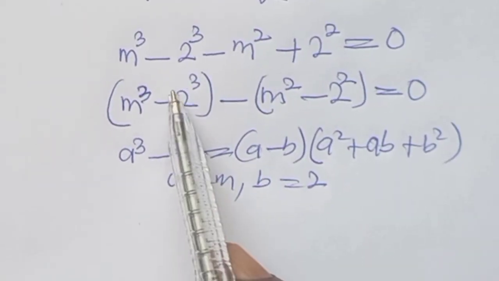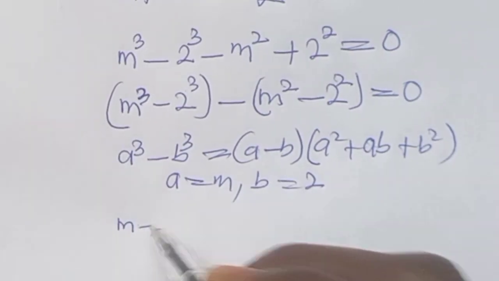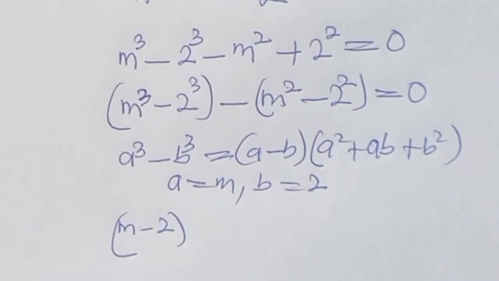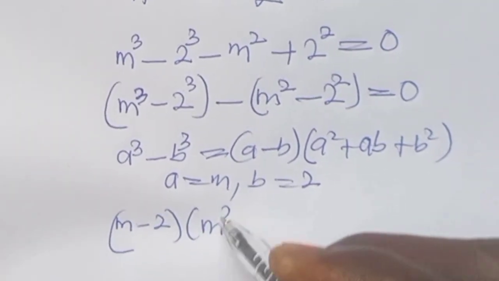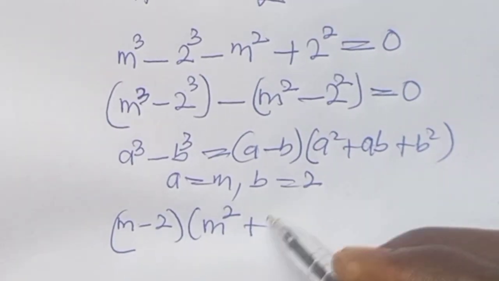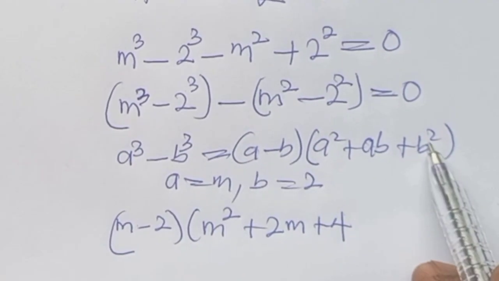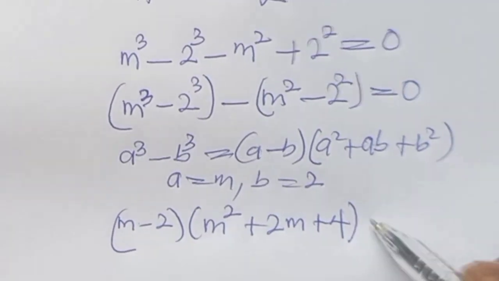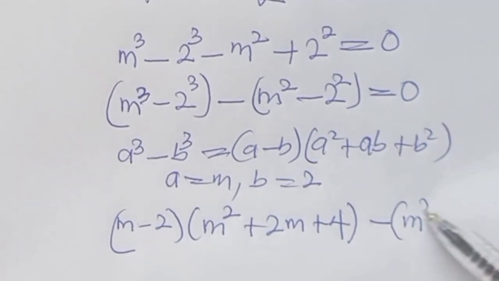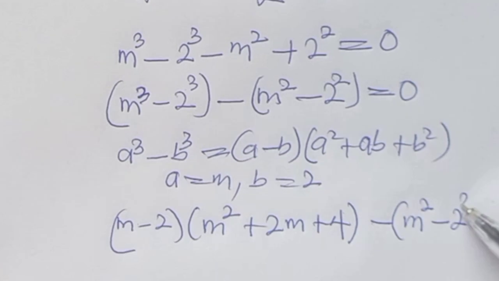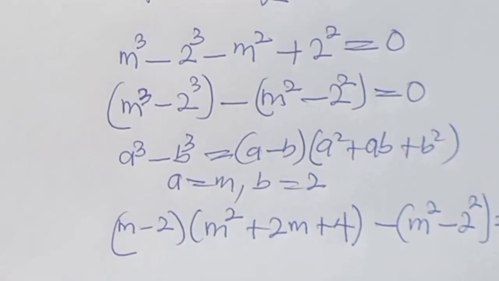This is in the form of this. So we have m minus 2 in bracket into m to the power of 2 plus 2m plus 4. That is 2 to the power of 2. So close the bracket, minus m to the power of 2 minus 2 to the power of 2, is all equal to 0.